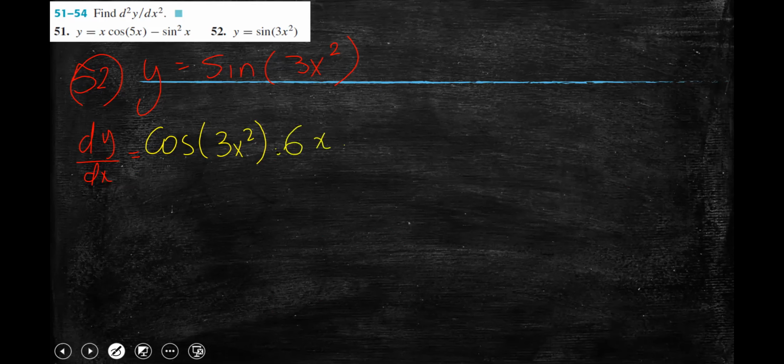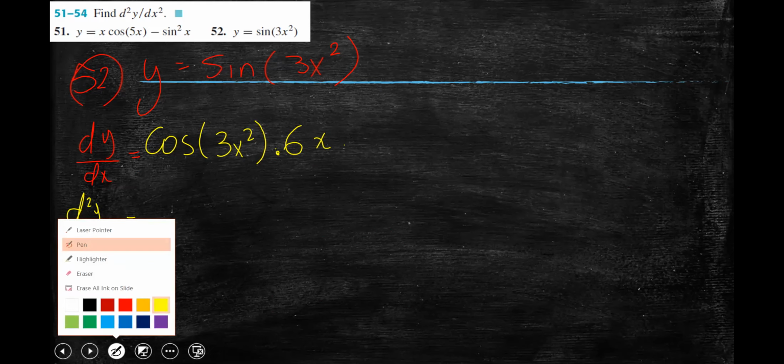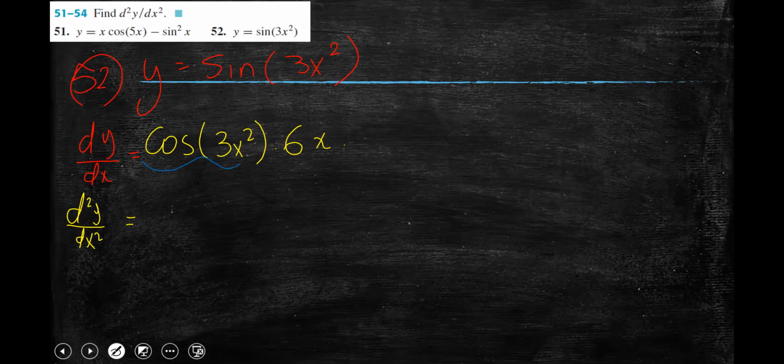So look here now. This is dy over dx. I want now to find the second derivative with respect to x. Here also, as you see, we have multiplied functions, and one of them you have to use the chain rule. So let's say that this is f and this is g.